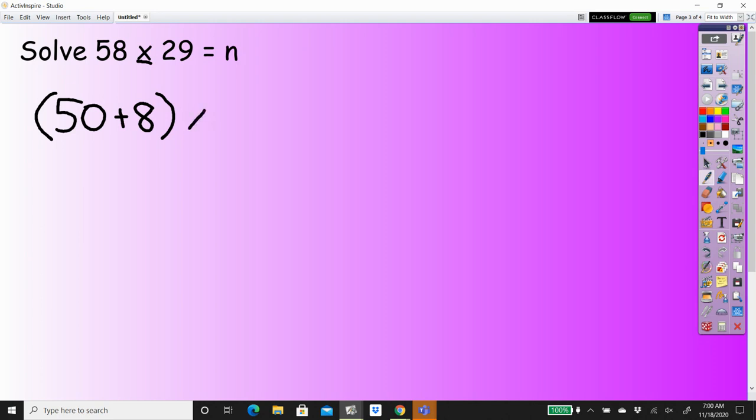So I do need to place the multiplication symbol in the center to say that I will take the expanded form of 58 and multiply it by the expanded form of 29, which is 20 plus 9 equals N. That is step 1. Write both factors in expanded form.